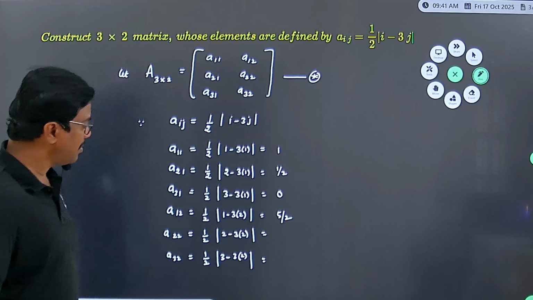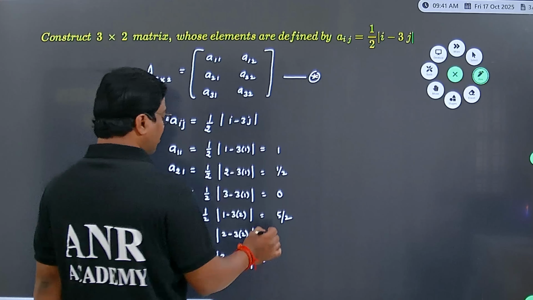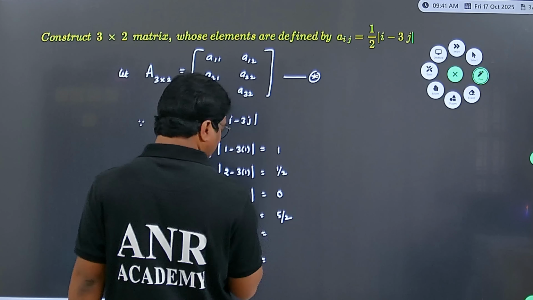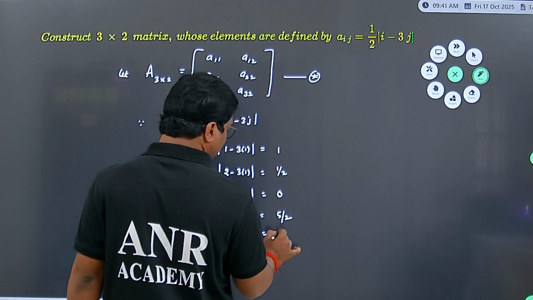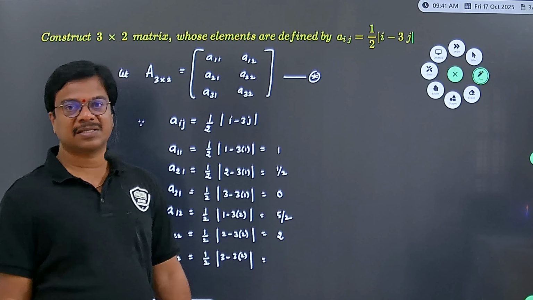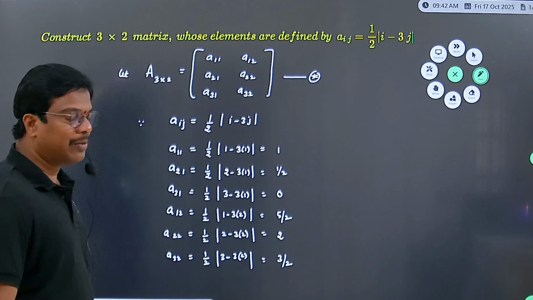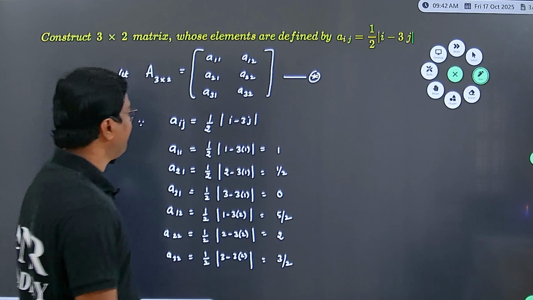Next this is 2 minus 6, value minus 4. Mod minus 4 is 4, 4 by 2 becomes 2. Next 3 minus 6, value minus 3. Applying modulus 3 and multiplying by 1 by 2, we get 3 by 2.